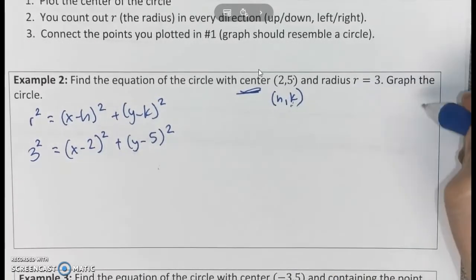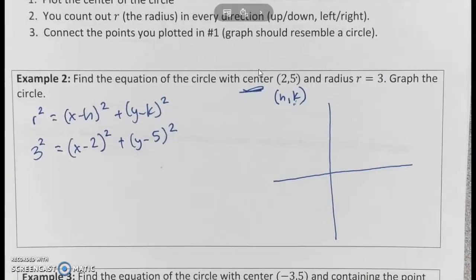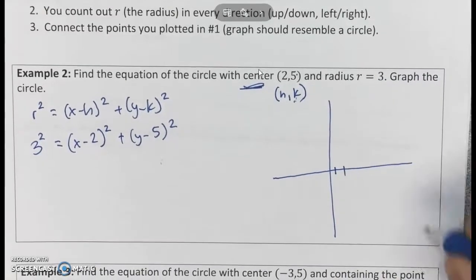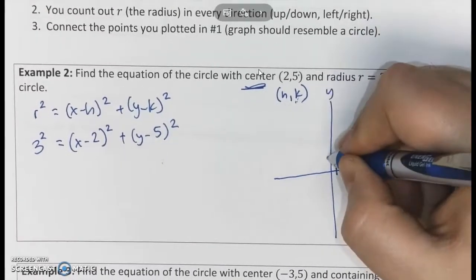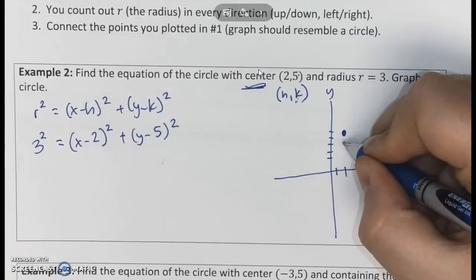So now they ask us to graph it. So when we graph a circle, we always start with graphing the center. So the center is 2, 5. So I'm going to go 2 on my x, and then up 5 on the y, and put a point. So this is my center.